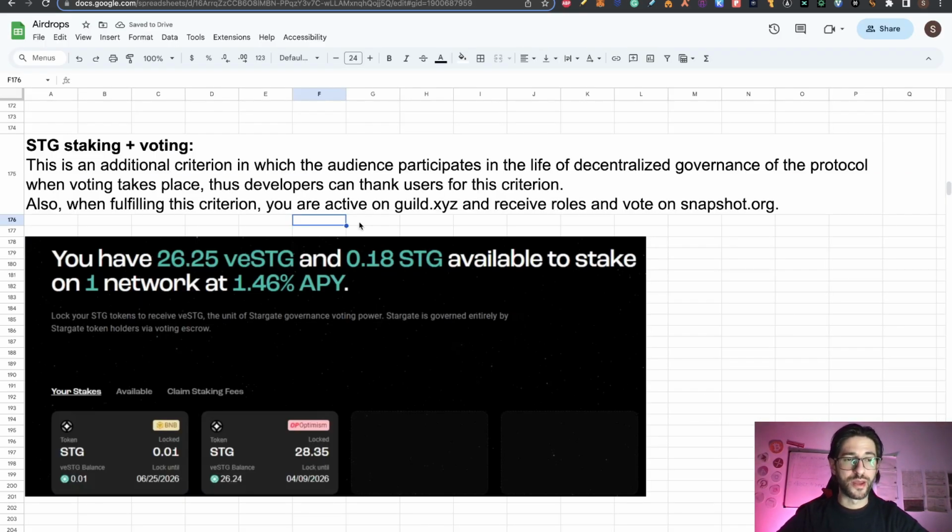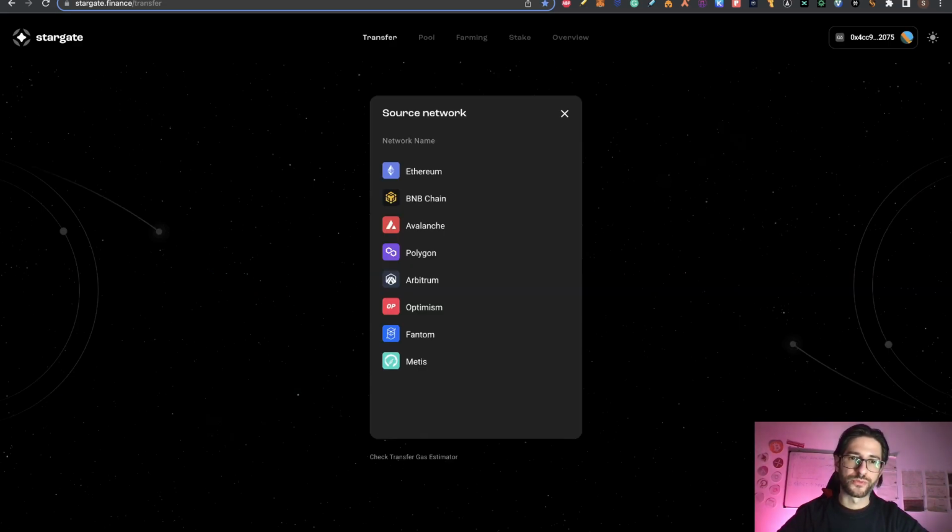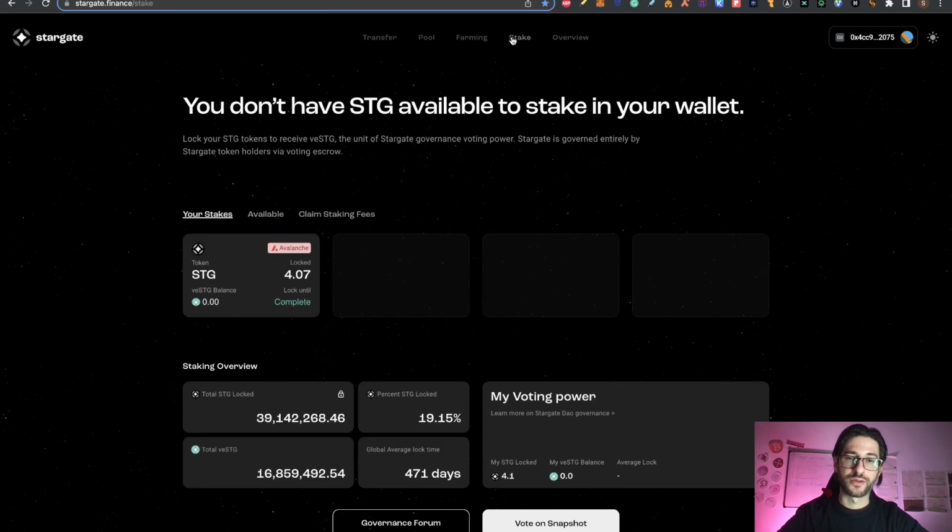And lastly, we have the STG staking and voting criterion. This is an additional criterion in which the audience participates in the life of the decentralized governance of the protocol when voting takes place. Thus, developers can thank users for this criterion. Also, when fulfilling this criterion, you are active on Guild, receive roles, and vote on snapshot.org. So to do this, you can also go to the website of Stargate and go to the stake section.